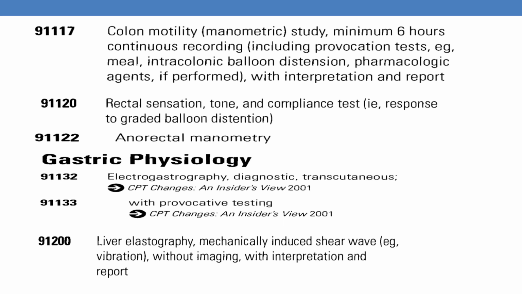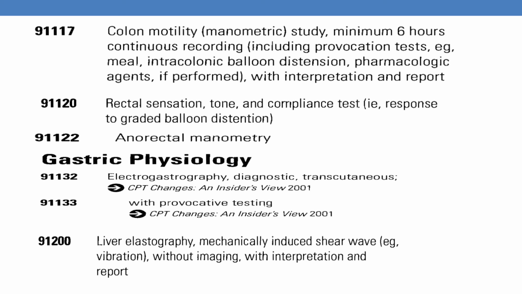Next CPT is 91117. It is for colon motility study, manometric colon motility study, minimum 6 hours continuous recording including provocation test, for example meal, intracolonic balloon distension, pharmacological agents if performed, with interpretation and report.